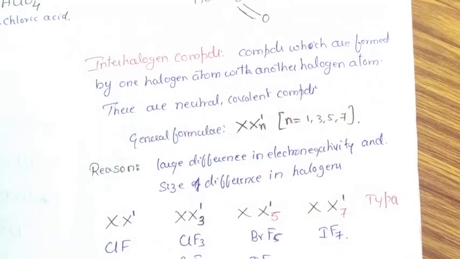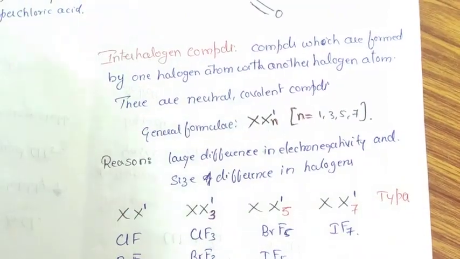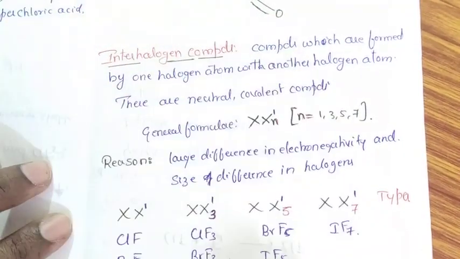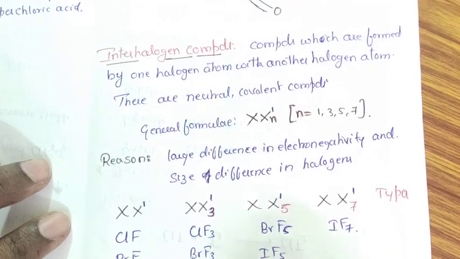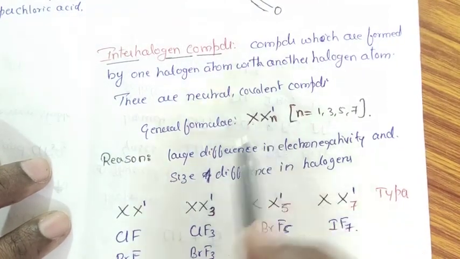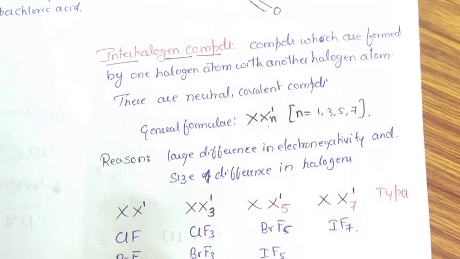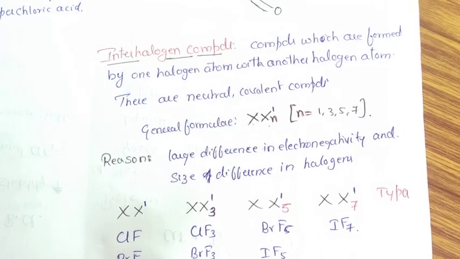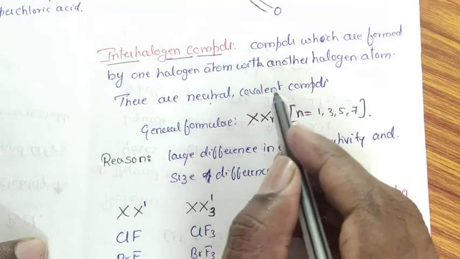Coming to the next important part of group 17 elements, that is interhalogen compounds. What are interhalogen compounds? These are compounds obtained by combining two different halogen atoms. And these compounds are neutral and covalent in nature.